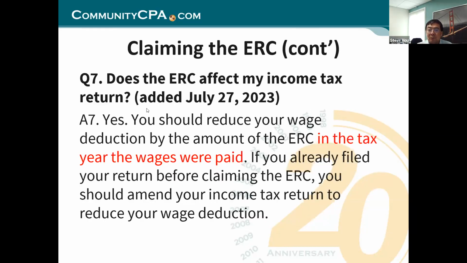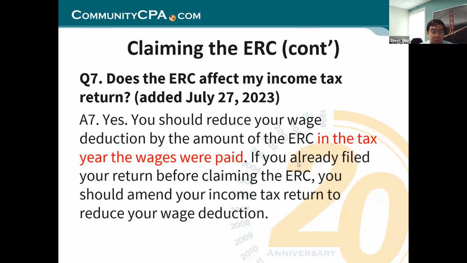And also, a lot of people have been hoping. In fact, for a period of time there were even rumors that Congress is passing a new law that will allow the employers who claim the ERC to adjust the ERC in their current year or future years income tax returns, without having to go back to amend your 2020 or 2021 tax return. IRS made it clear there's no such law or rule.